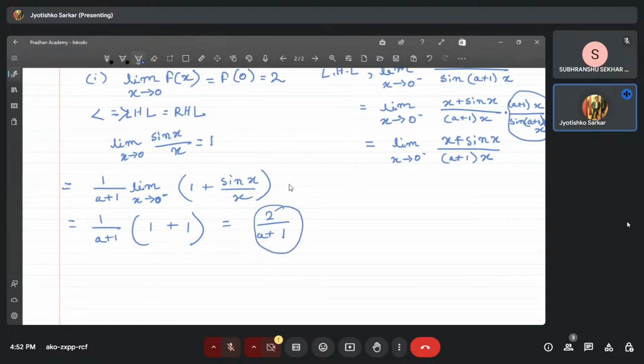Now as this function is continuous, its left hand limit and right hand limit are equal. So the limit exists, and this is also equal to the value of the function at 0. So we can put 2 equals 2 by (a plus 1) using this.